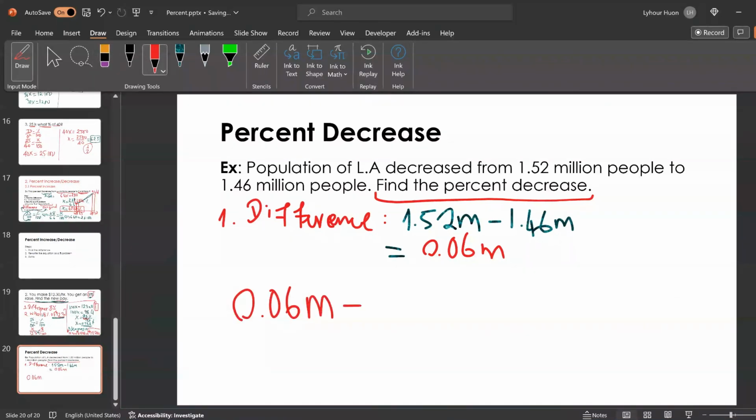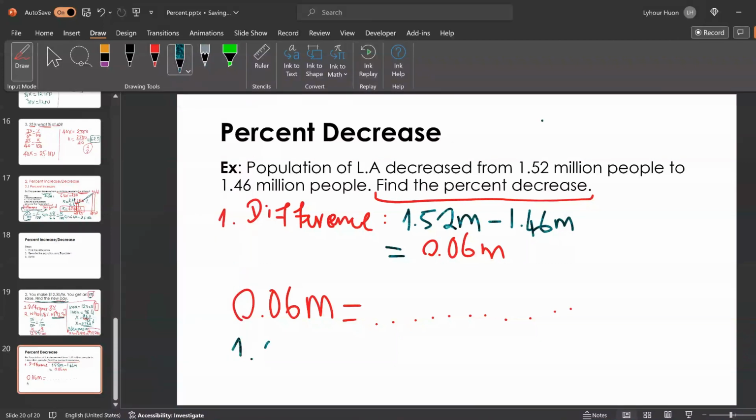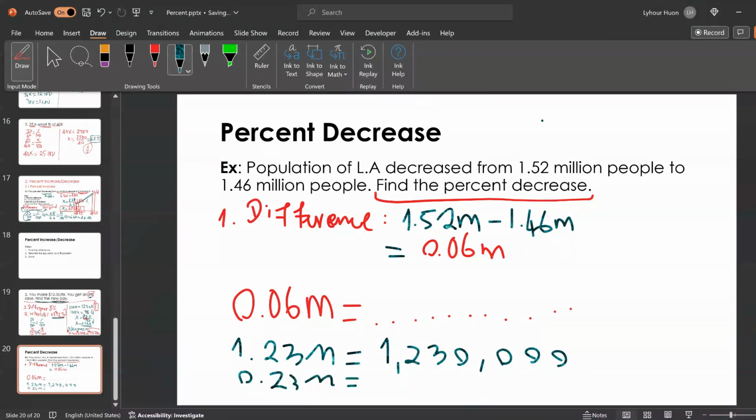0.06 million is equal to what? Now, what is 1.23 million? It's 1,230,000, right? Correct. How about 0.23 million? It's either 23,000 or 23 million.